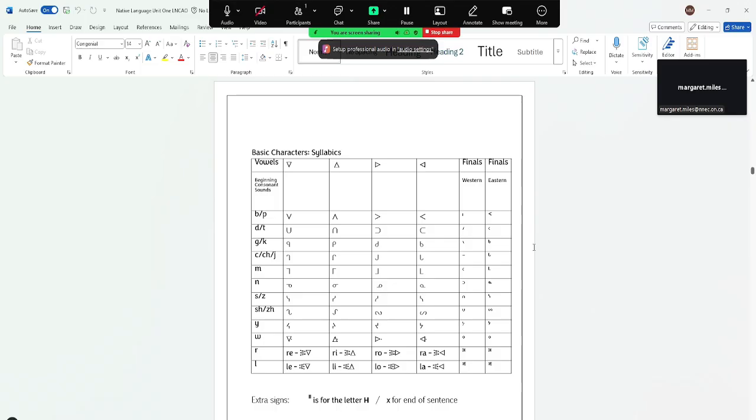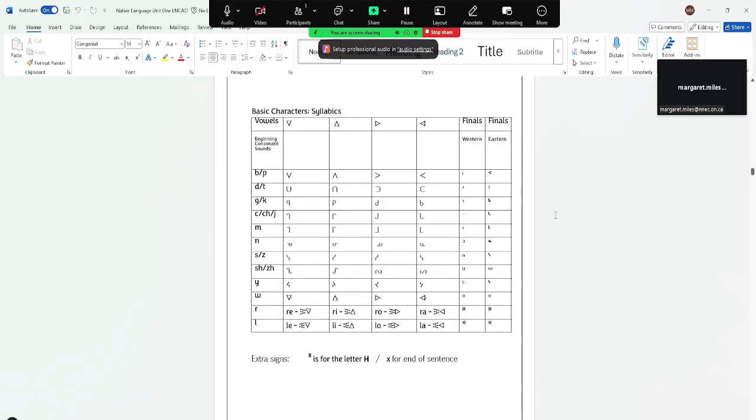Basic characters is only in syllabics in this chart. So on the top where it says vowels on the left hand side, and the finals are on the right hand side, Western and Eastern. And beginning consonant sounds are on the left from up to down.